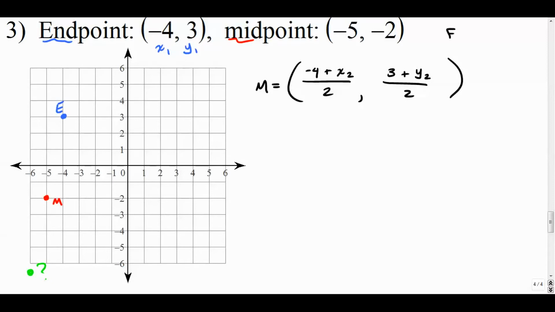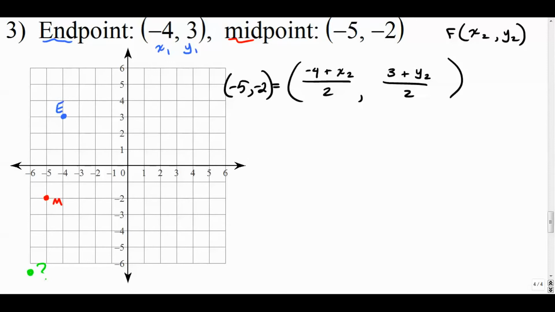The other endpoint, we'll call it point F. We don't know the coordinates of those, so we'll just simply call them x and y. If you don't want to use those subscripts of 2, you don't have to, but I'll leave them there. And that's equal to the midpoint. Well, the midpoint we already know, right? The midpoint is -5, -2. We know that.